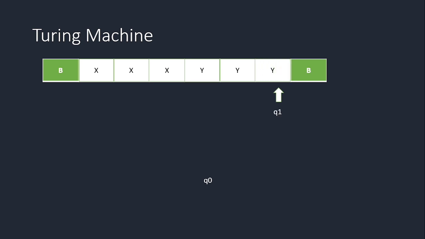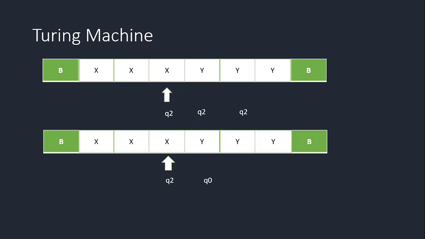So in Q1, we will keep moving to the left until we see X. When X is found, now we will be moving on the right until we encounter a blank symbol to halt the process.